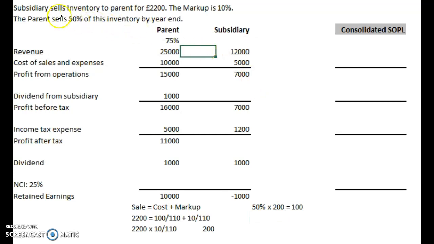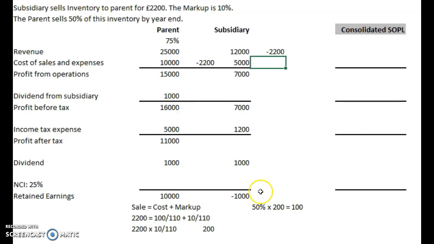Okay, so we can just put these figures straight in. Who was the selling and who was the purchasing entity? The subsidiary sells the inventory, so their revenue is overstated. So we need to reduce their revenue by 2,200. The parent purchased this inventory, and has their cost of sales overstated, so that needs to be reduced by 2,200.